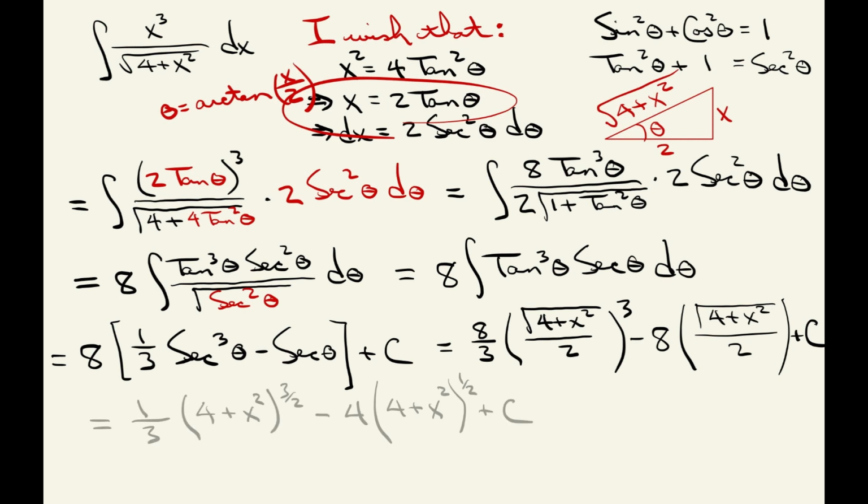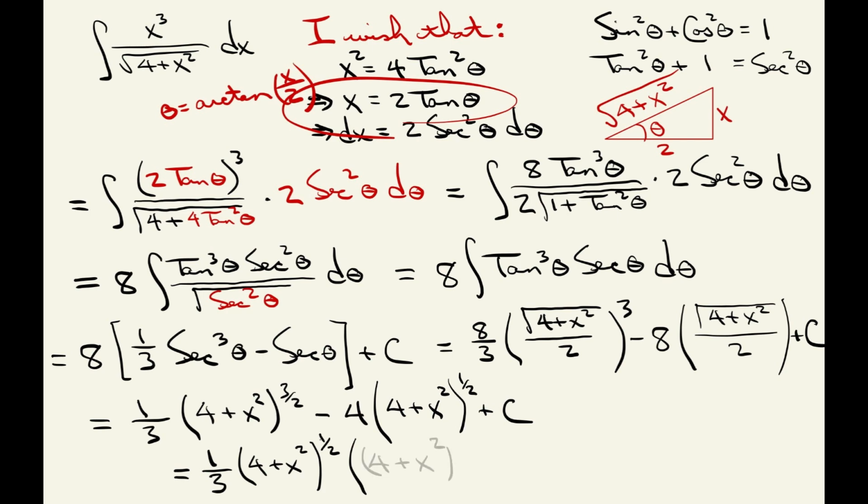This reduces to 1/3 times the quantity 4 plus x squared to the 3/2 minus 4 times the quantity 4 plus x squared to the 1/2 plus c. We could leave our final answer in this form, or we could choose to go a bit further by factoring out 1/3 times the quantity 4 plus x squared to the 1/2 from both terms.